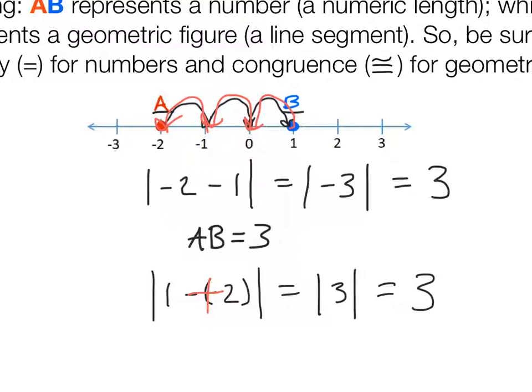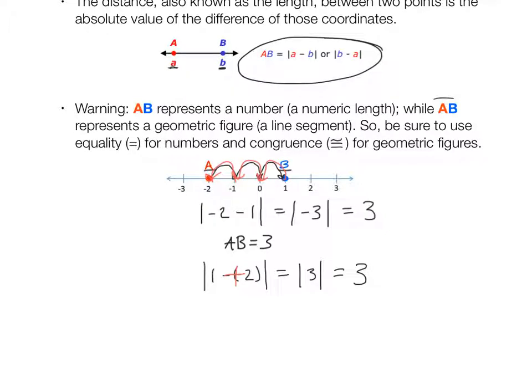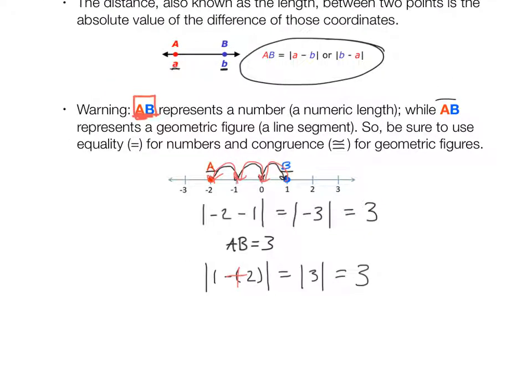They have the same distance. So AB, when we're looking at this notation, just AB, it represents a number, while AB, this one, with the little line segment on top, represents a geometric figure.